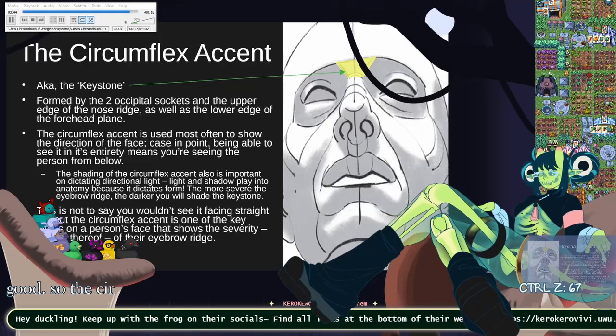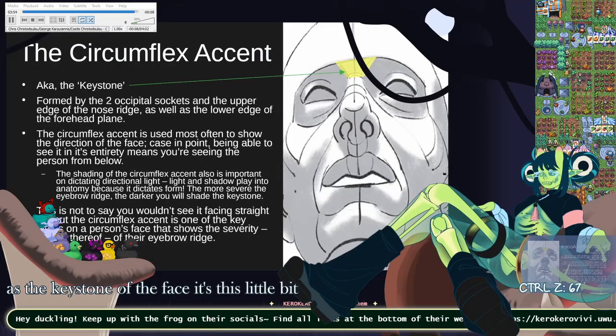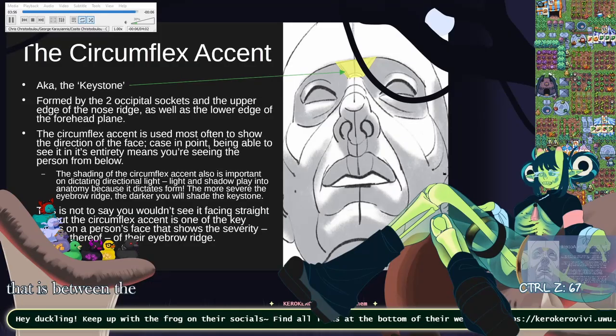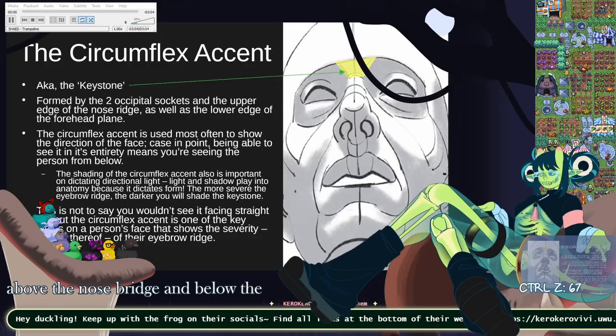So the circumflex accent is the last thing that I want to touch on, and I was taught it as the keystone of the face. It's this little bit that is between the two occipital sockets above the nose ridge and below the forehead plane. The lower edge of the forehead plane creates this little upside down trapezoid right above your nose, right?